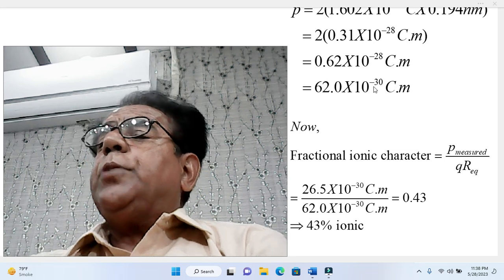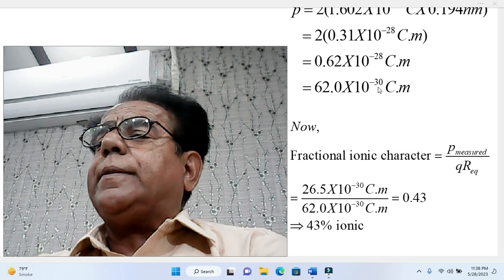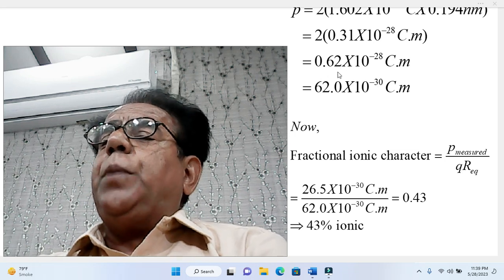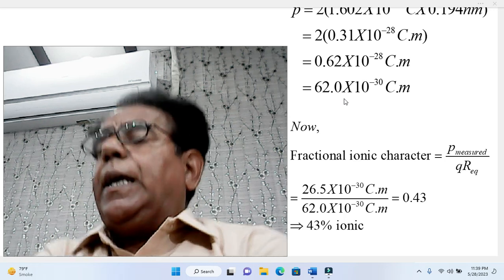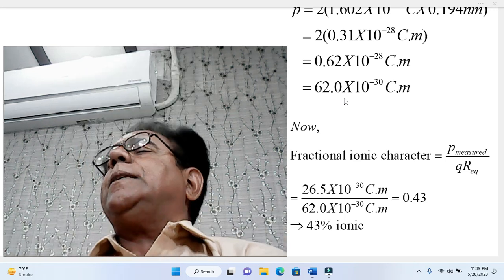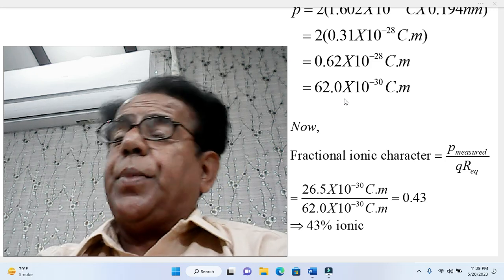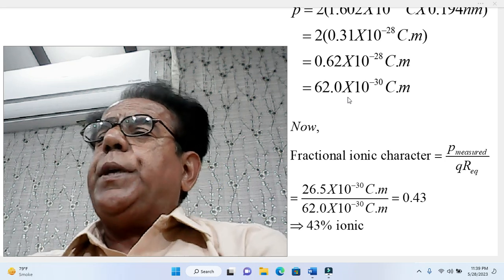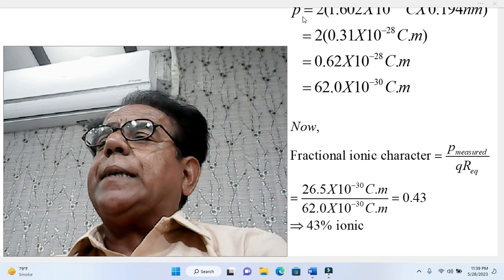So when we convert 10 raised to the power minus 28 into 10 raised to the power minus 30, then 0.62 will become 62.00. Any doubt? I think there should be no doubt, no confusion up to this concept. So here we have found the value of P, which is the electric dipole moment.